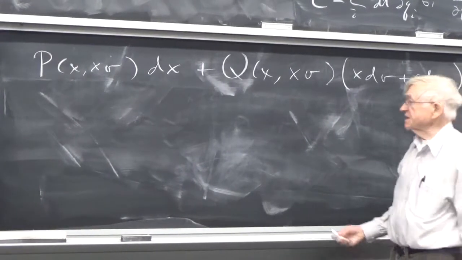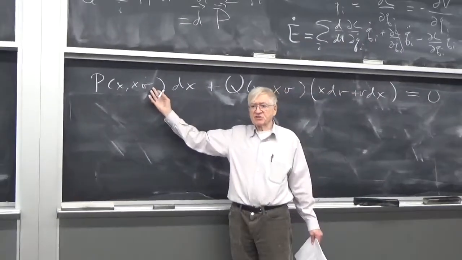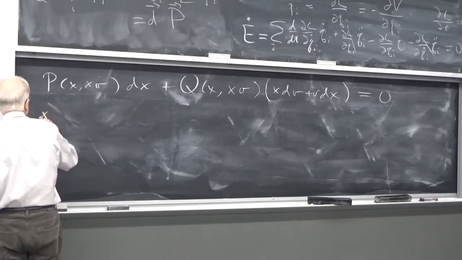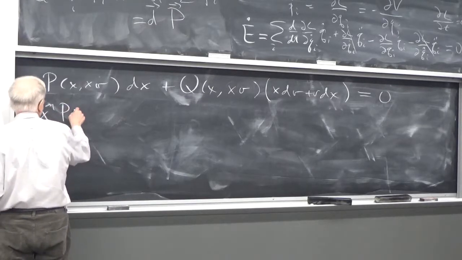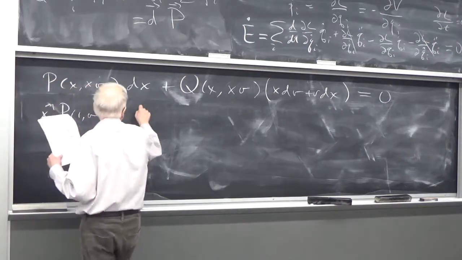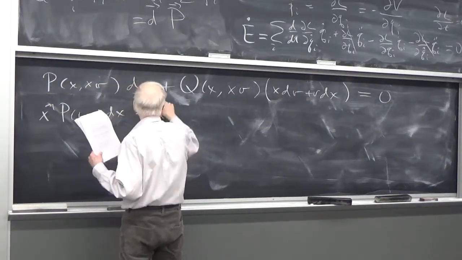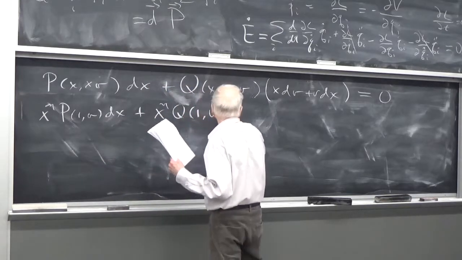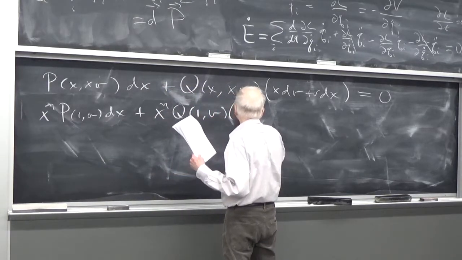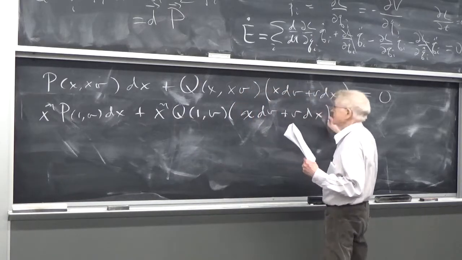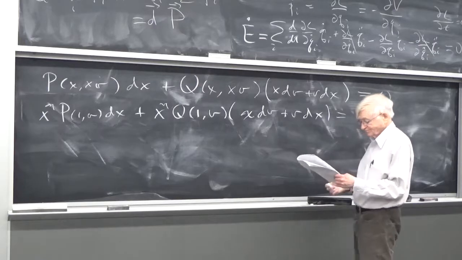But now what we see is we have a way of using the homogeneity, because this is equal to x to the n P of 1 comma v dx plus x to the n Q of 1 comma v times x dv plus v dx equals 0.